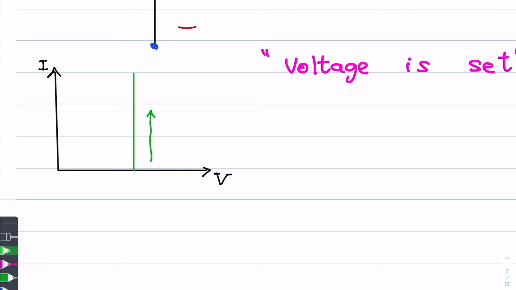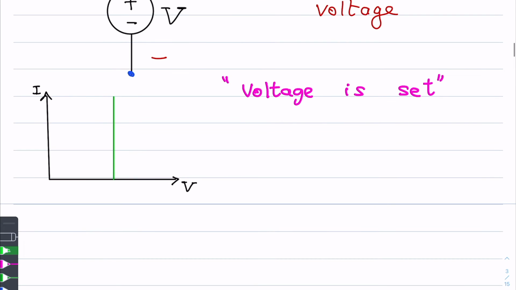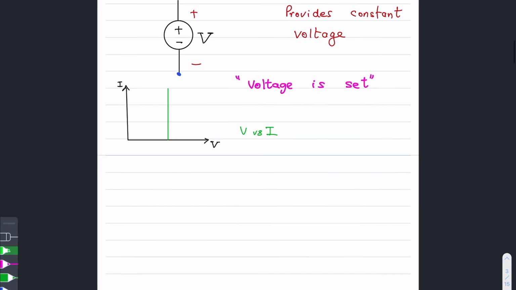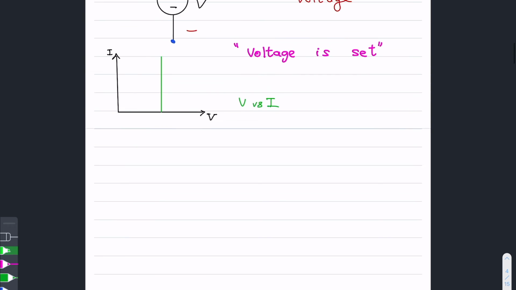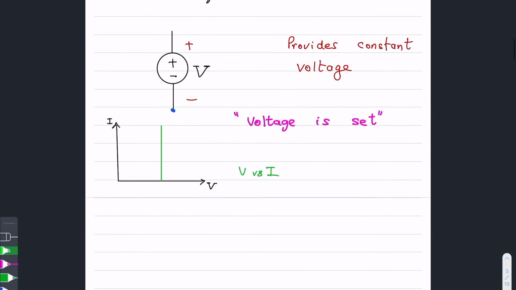It is almost impossible to find a real circuit that behaves exactly like this, but the idealized behavior is such that the voltage does not change even when the current is fluctuating drastically. So that's the ideal voltage source.